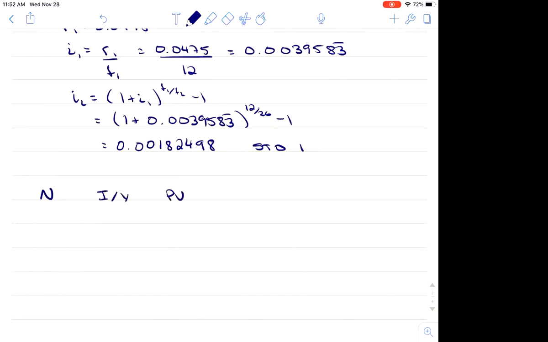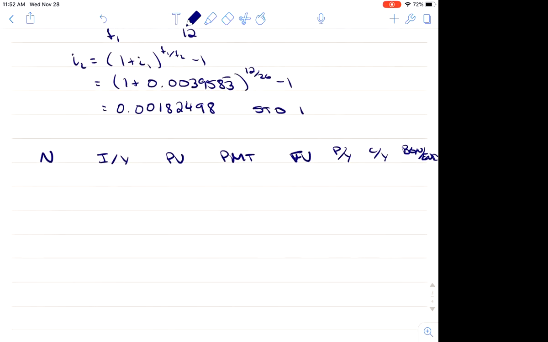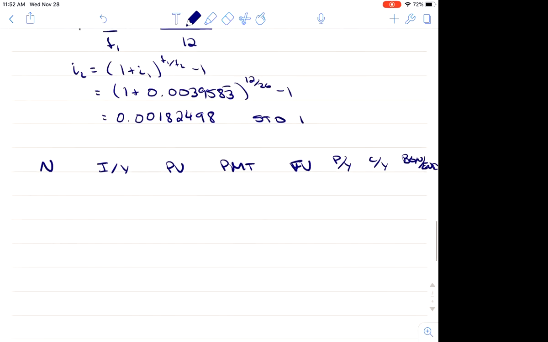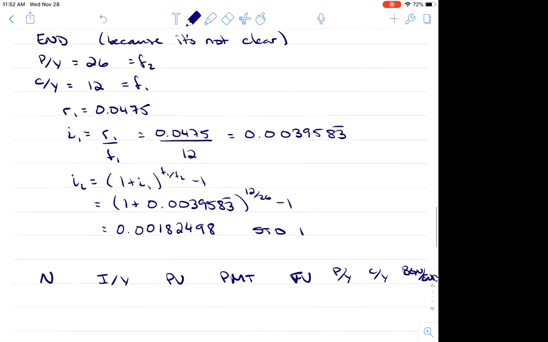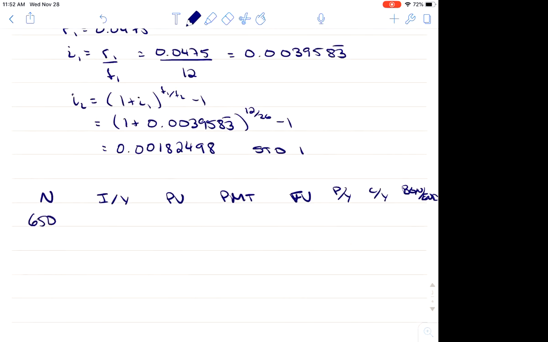Interest per year, present value, payment amount, future value, payments per year. Oops, it's a Y. Compoundings per year, and beginning or end. Squeeze it in. So our N, we said we have 650 payments.